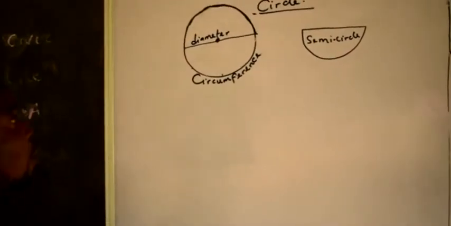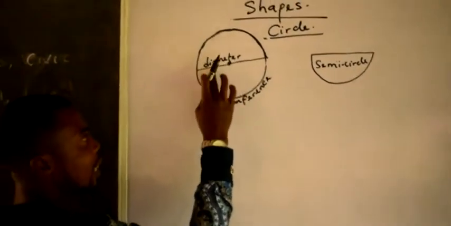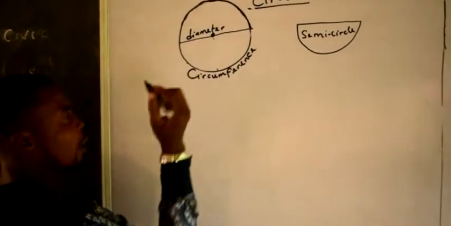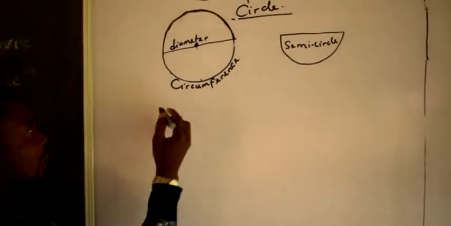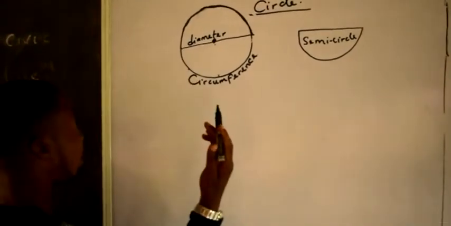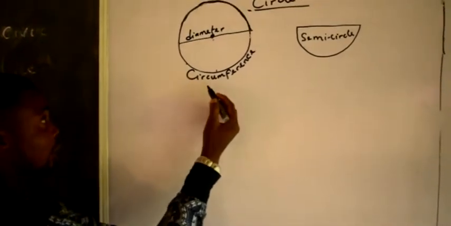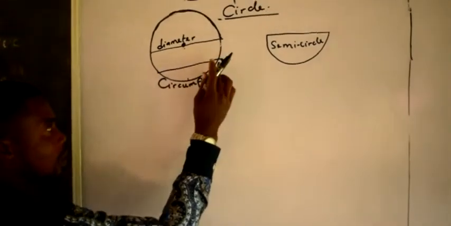And when this line is drawn but does not pass through the center of the circle, for example you draw another line from the circumference that doesn't pass through the center, let me draw it this way to this place.